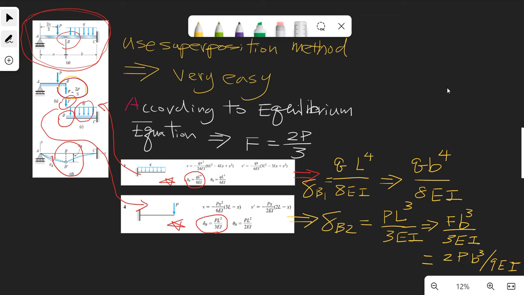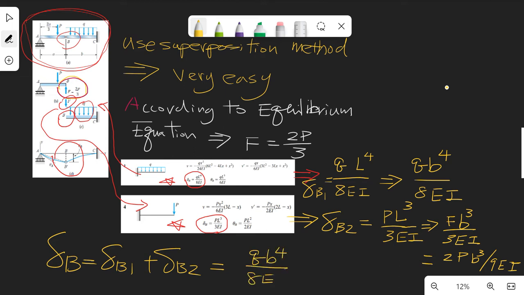Okay, so finally we can get delta B. Delta B is equal to partition 1 and partition 2 together. So the final answer is qb^4 over 8EI plus 2Pb^3 over 9EI. So it's very easy to get the answer.